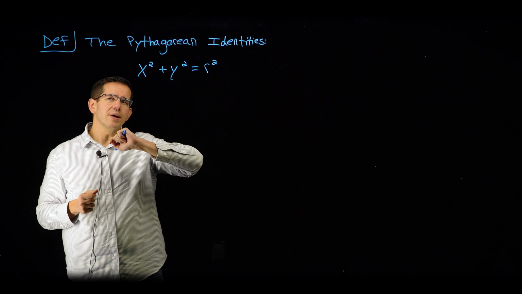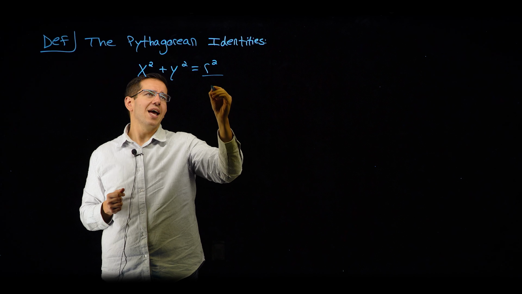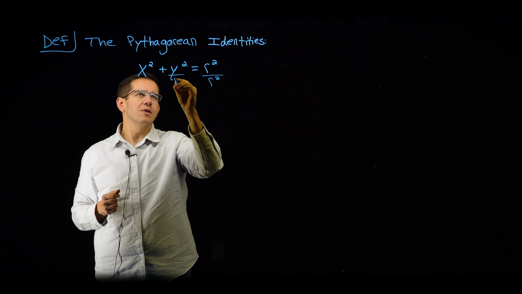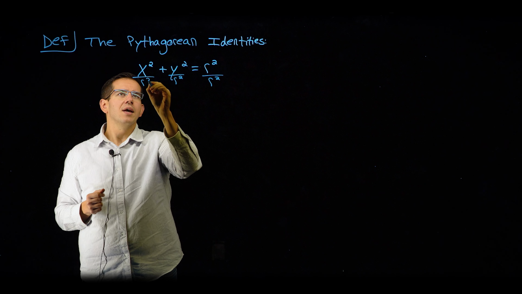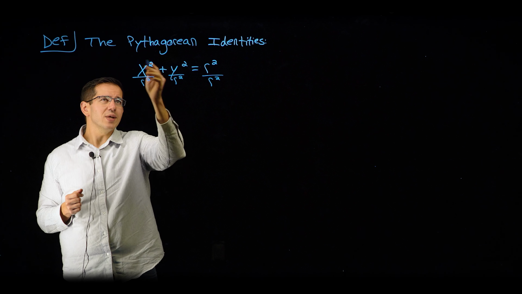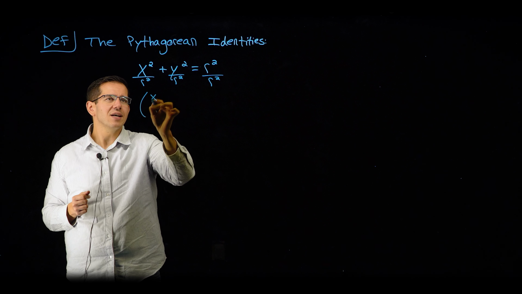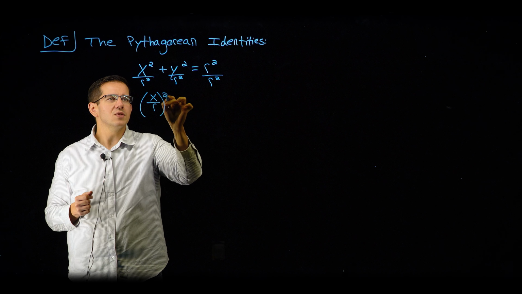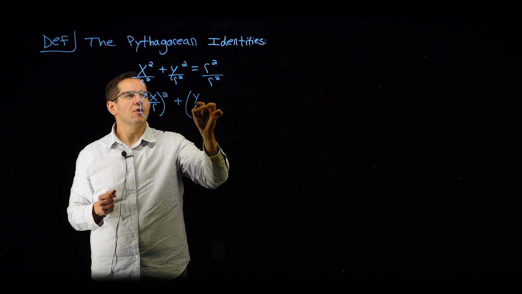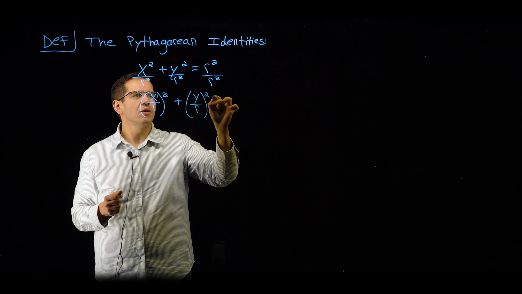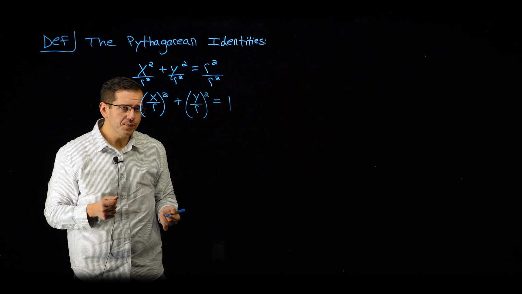If we wanted to rewrite this, we could divide everything by r squared. And we would do that because we can now rewrite this as x over r quantity squared plus y over r quantity squared equals 1.